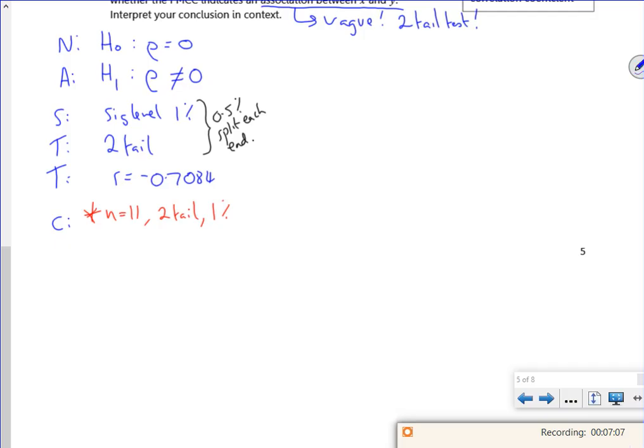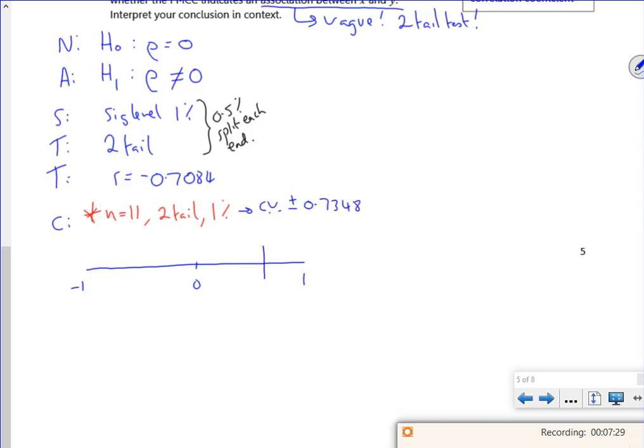So, let's draw a picture then. I like a picture. So my critical value from this is plus or minus 0.7348.